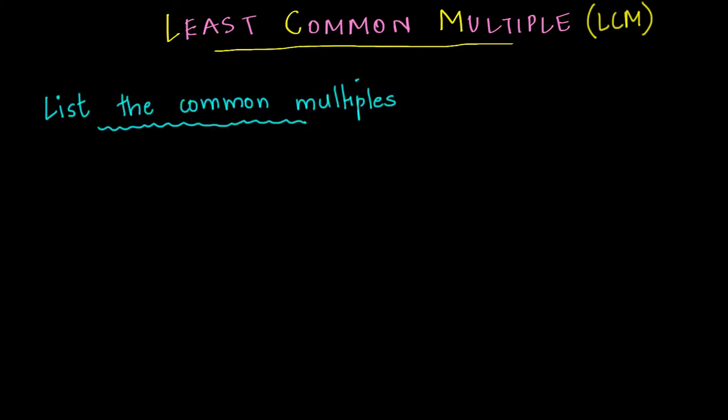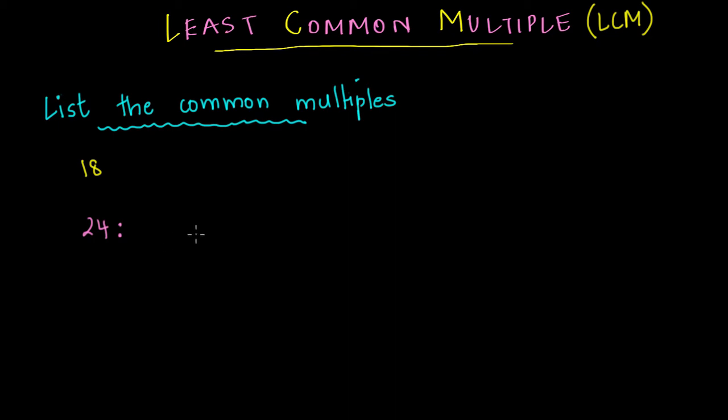Let's take an example of two numbers, 18 and 24. Now what we need to do is list all the multiples of 18 and 24 till we can find a common multiple. I like to start with the bigger number, that's 24.